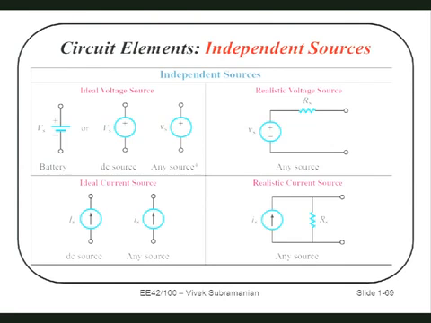The capital V indicates that it's DC. A non-DC source, a source that could be AC, will typically use a small v, which indicates it doesn't necessarily have to be DC. Real voltage sources will always have a resistor in series with them. Okay? So those are the types of voltage sources that we have.